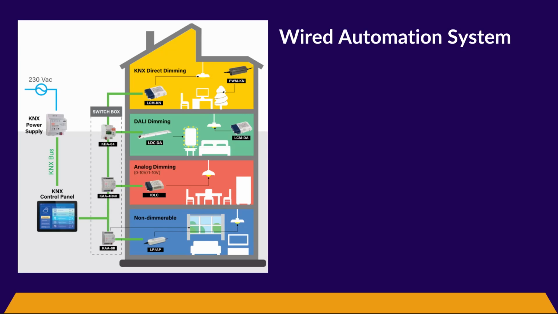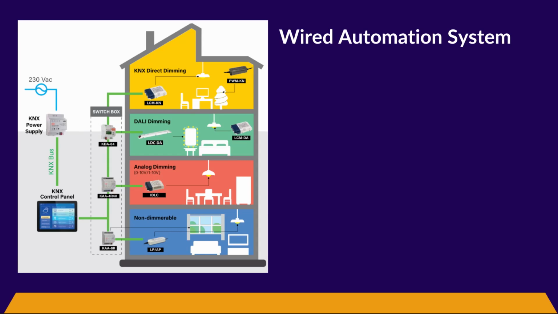Look at this diagram. This diagram explains the wiring of the wired automation system. If you look at the yellow area, you can see that all the equipment are linked to a switch box, or we call them actuator sometimes. What are actuators? Actuators basically do the work of load distribution.